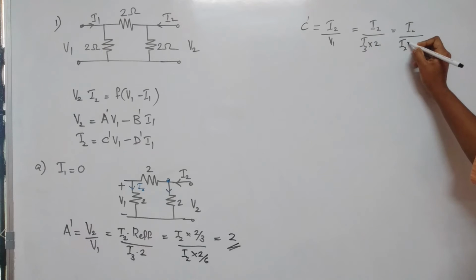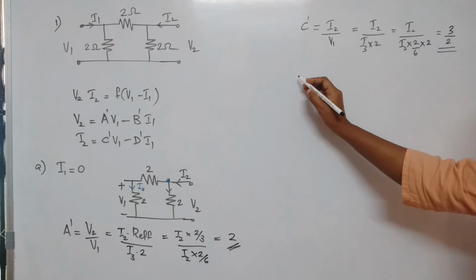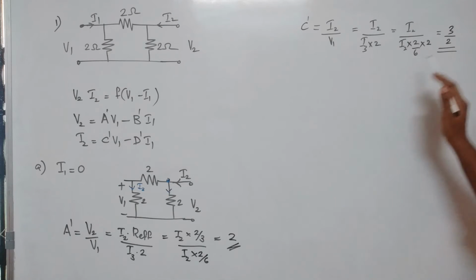I2 into 2 by 6 into 2, which is equal to 6 by 4, that is 3 by 2. So C dash is 3 by 2. So we got A dash and C dash.